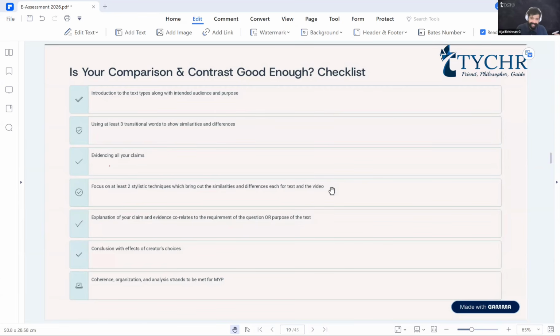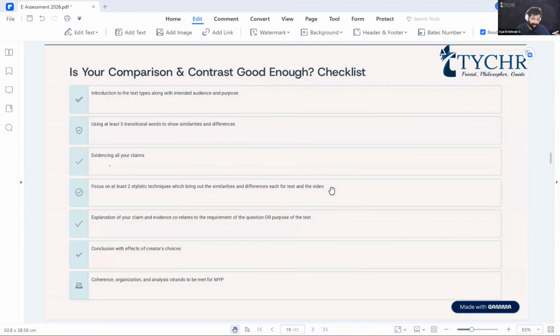It may not be in detail if you don't have time, but you can talk about one technique and then add on another. For example, if you're explaining how cinematography is used in the video to showcase the character's point of view, you can also include how lighting adds to that, or how sound technique adds to that, or how editing contributes to that. Same thing with the literary text.